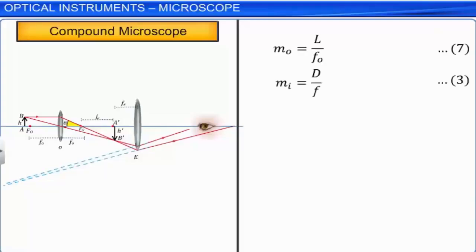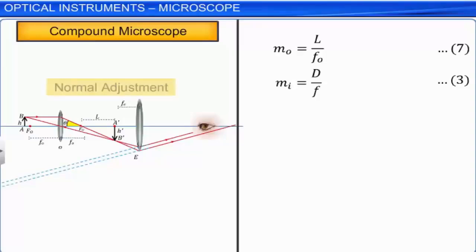Since the eyepiece acts as a simple microscope, using equation 3, we can write the magnification due to the eyepiece M_E is equal to D by f_E. Let this be equation 8. Since the image formed by the first lens becomes the object for the second lens, the total magnification of the combination M is the product of the magnification due to the objective and the magnification due to the eyepiece.